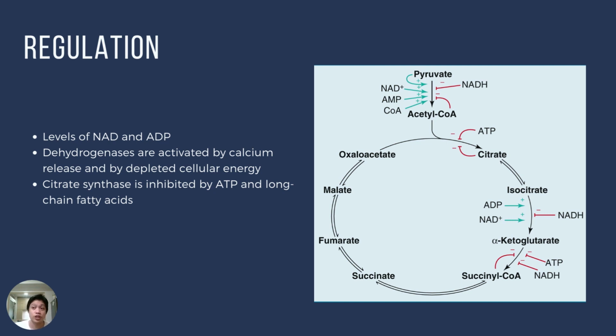For example, neurons, which will eventually release neurotransmitters in response to high levels of calcium, would also activate the Krebs cycle so that there is enough energy for the function of the neuron in neurotransmission. Again, high levels of calcium in the cell will activate dehydrogenases of the Krebs cycle.